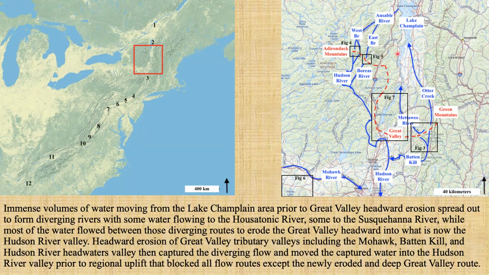Now, the type of water source that I can only imagine would generate that volume of water would be a continental glacier that was melting, and probably the uplift would have been occurring as that continental ice sheet was present to the north of here, and it may have been even related to the presence of the continental ice sheet.